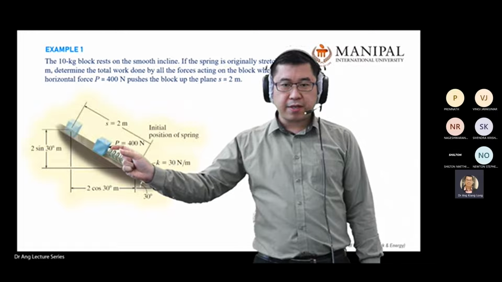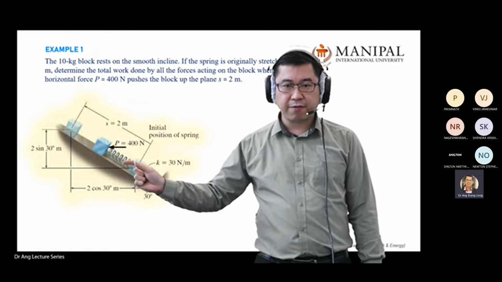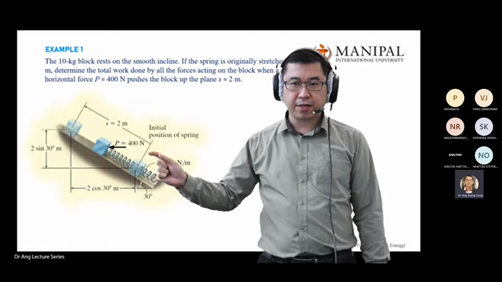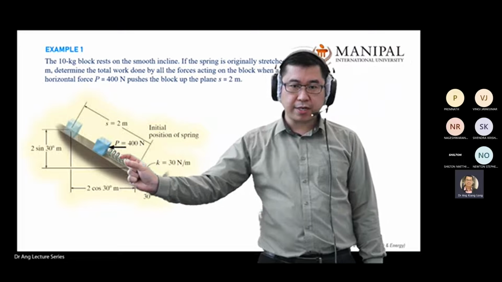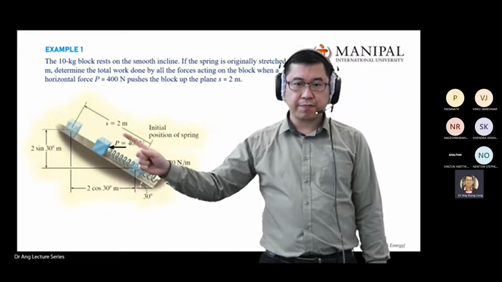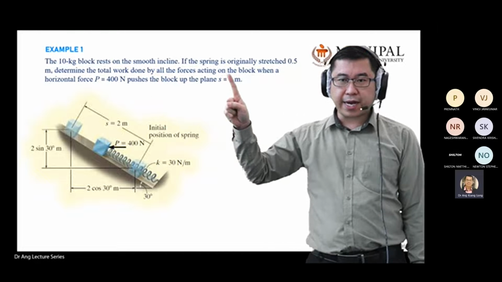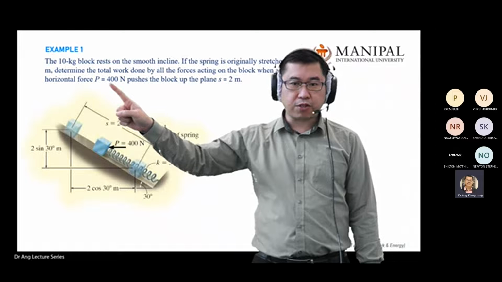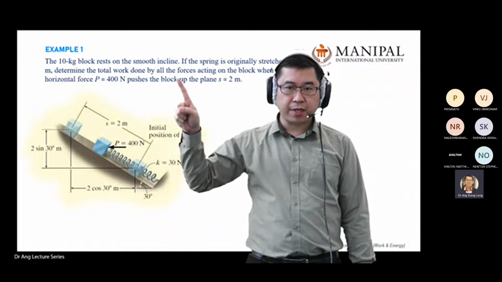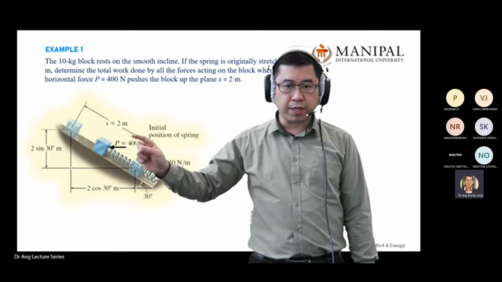It means it's stretched to the back, 0.5 meter, in this position. Determine the total work done by all the forces acting on the block when a horizontal force of 400 Newton pushes the block up the plane S equal to 2 meters.